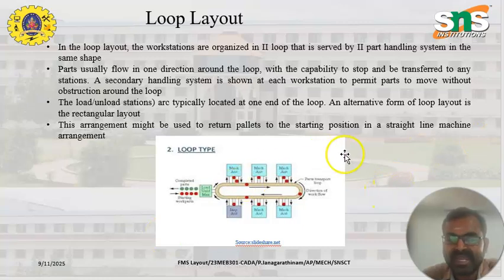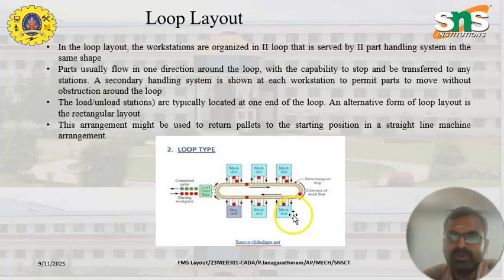After that, the loop layout. Instead of a straight line, here all the systems are arranged in a loop. The inline loading and unloading sections are at the same point. The input and the output, which means unloading, are also taken care of at the same position, and all the remaining machining stations, assembly stations, and other processing stations are arranged in a loop.